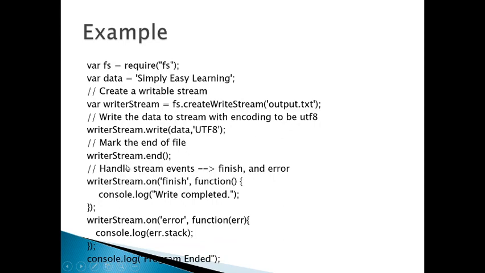The end method flushes all the data to the actual file. Before that, all the data is only being written into the stream. It is the same concept as when we close a file, all the data is written into the file. So here we are working on finish, write complete or error events, and we can print out the error. This is an example of a writable stream.